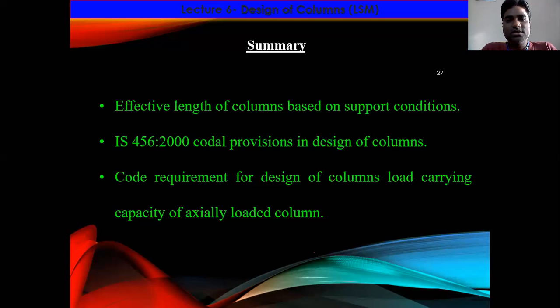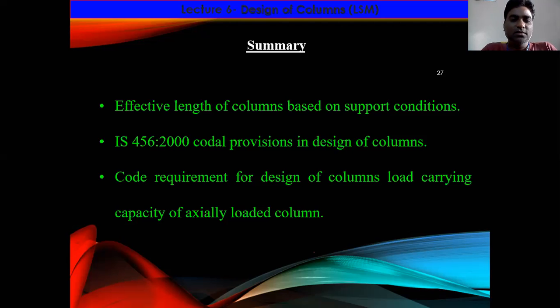And we have seen the codal provisions for different cases. That means both ends fixed, both ends hinged, one end fixed and one end hinged, one end fixed and other end free, and all these cases are given in IS 456 table number 28. So based upon that, you can calculate it. And we have seen the difference between the theoretical value as well as the recommended value.